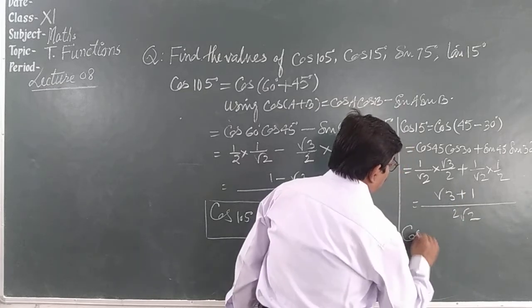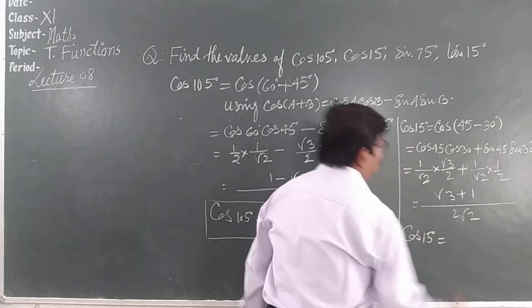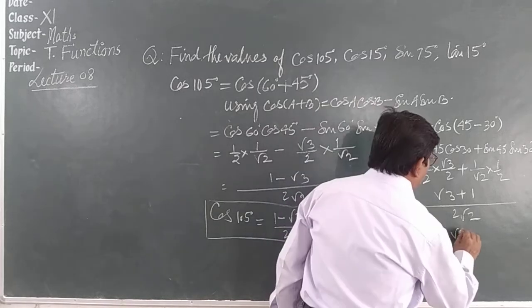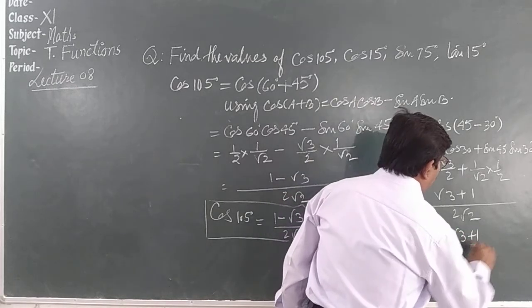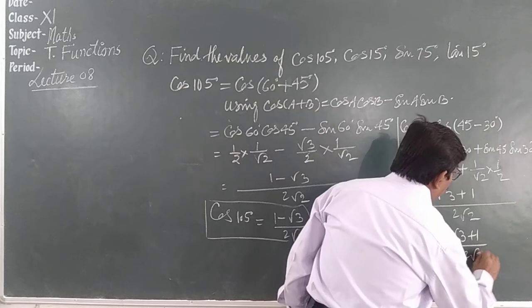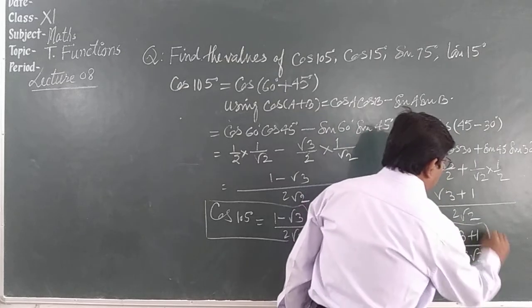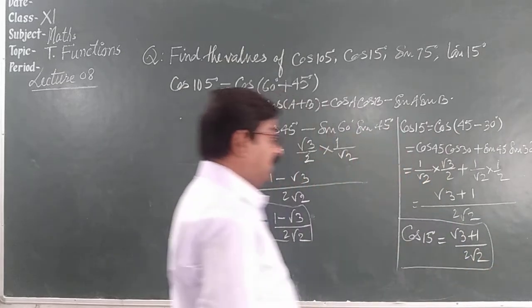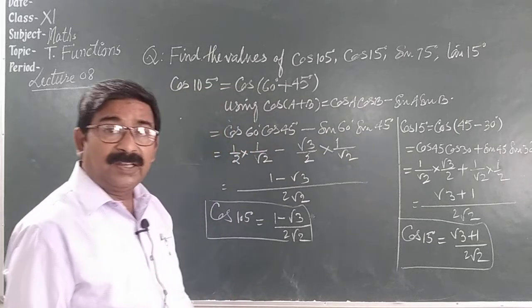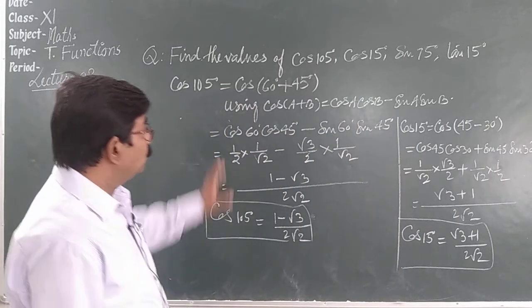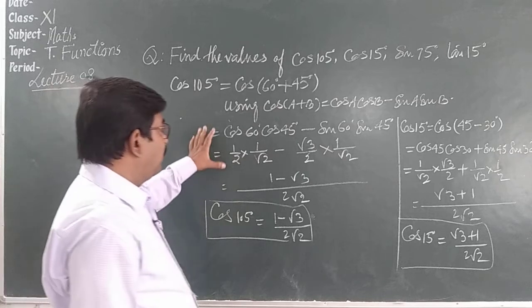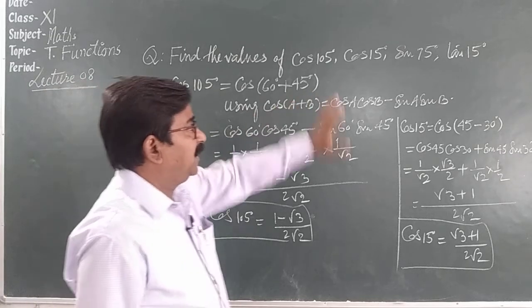So we have cos 15 degree is equal to root 3 plus 1 upon 2 root 2. This is cos 15 degree. Got it? So this is how we can find the value of different angles.